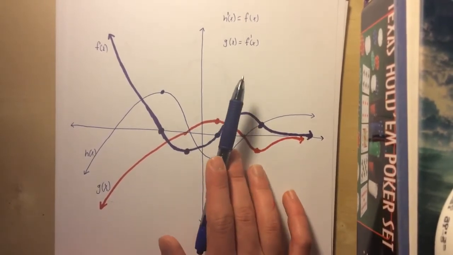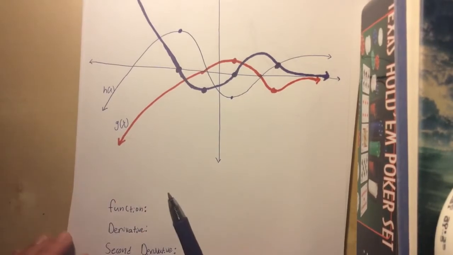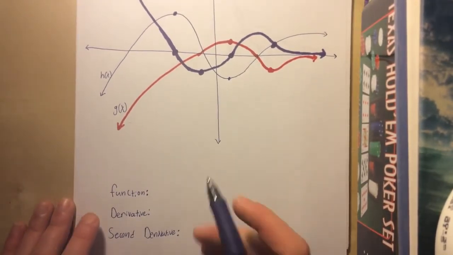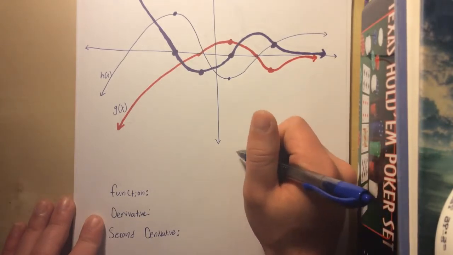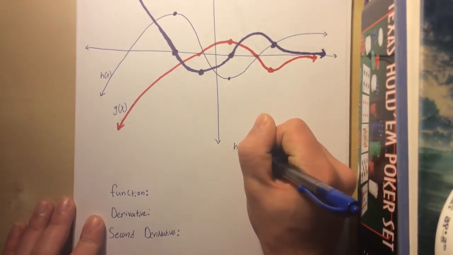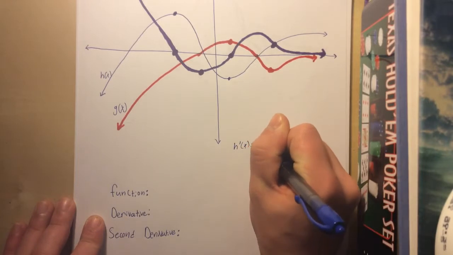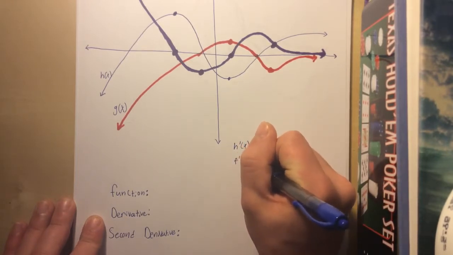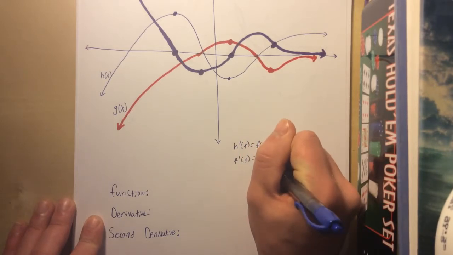So that's pretty much all we need to know to solve for which one is the function, which one's the derivative, and which one's the second derivative. I'm just going to copy what I had up top over here. We said that h prime of x is equal to f of x, and f prime of x is equal to g of x.